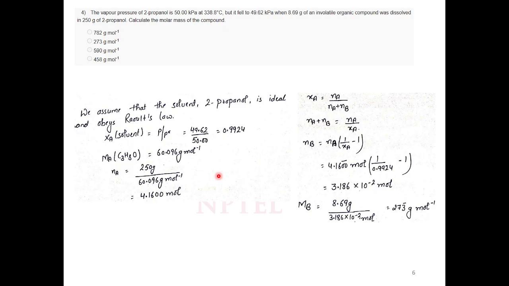You know this mole is nothing but 250 gram by 60.096 gram per mole. So this is coming around 4.16 mole, right? And XA equals NA by NA plus NB.